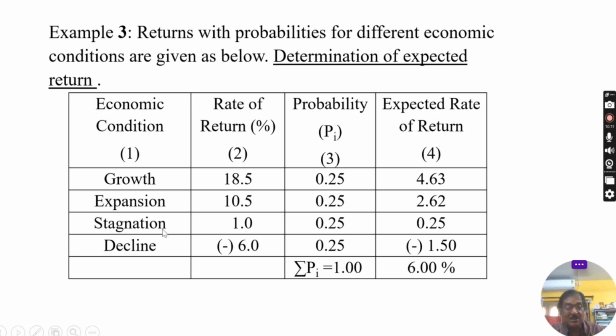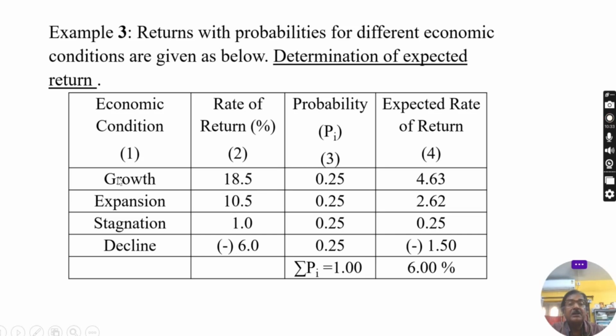If it is in the stagnation phase, then the return will be only 1%. If the economy is in the decline phase, then the return will be negative, a loss, which is negative 6%.